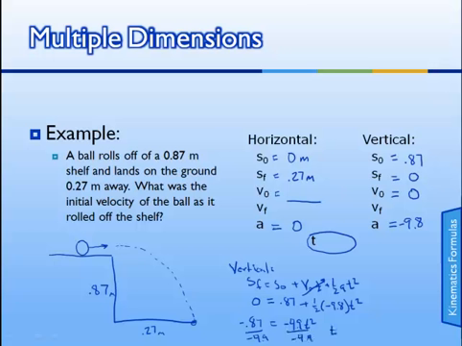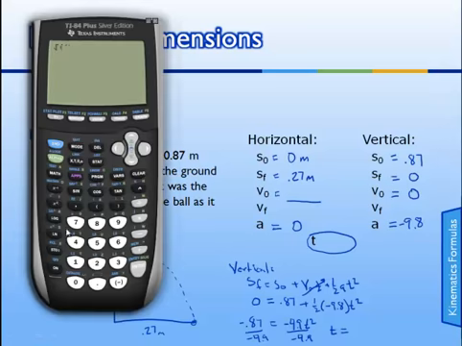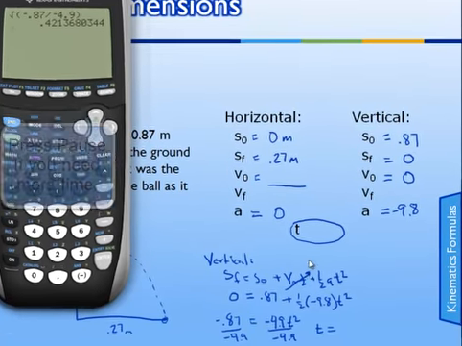And when I take the square root, I get the square root of negative 0.87 over negative 4.9. We get a time of about 42/100ths of a second.